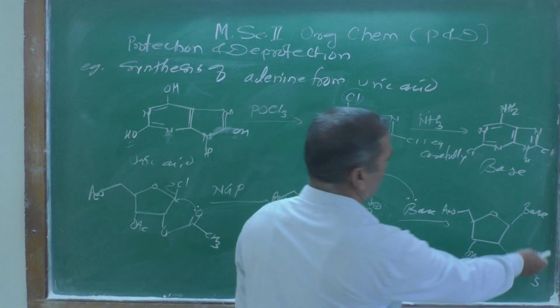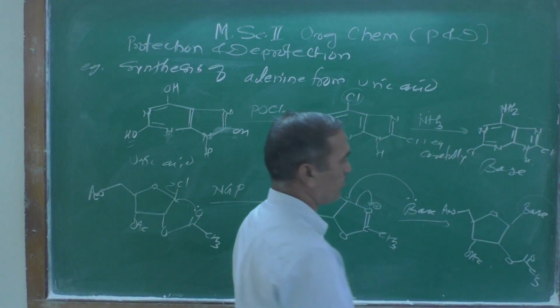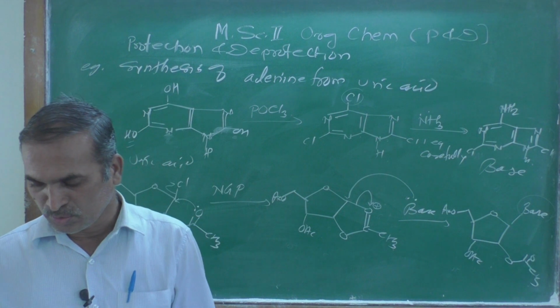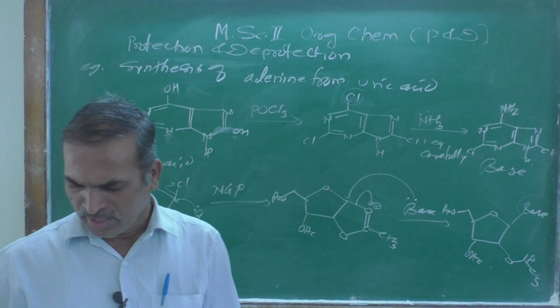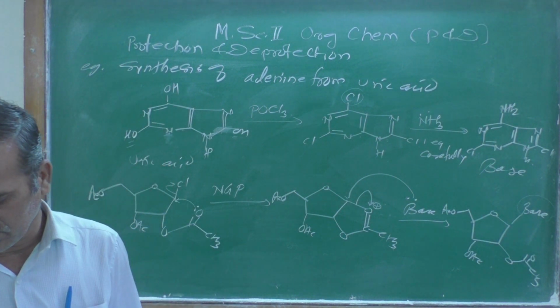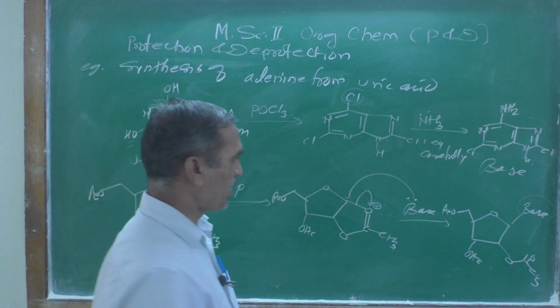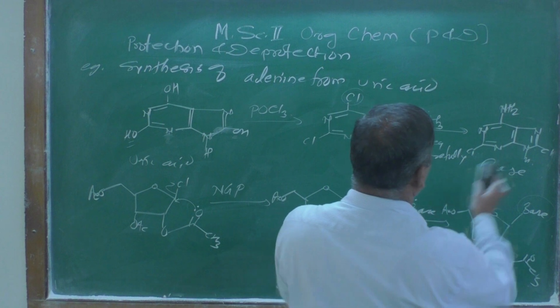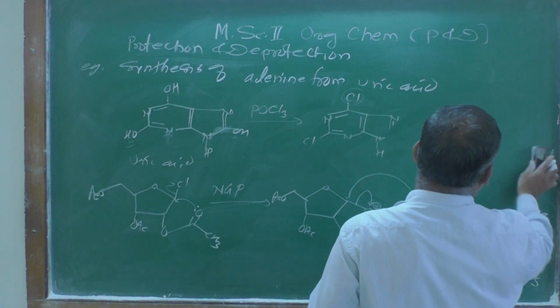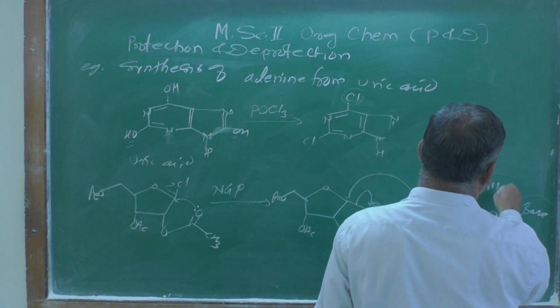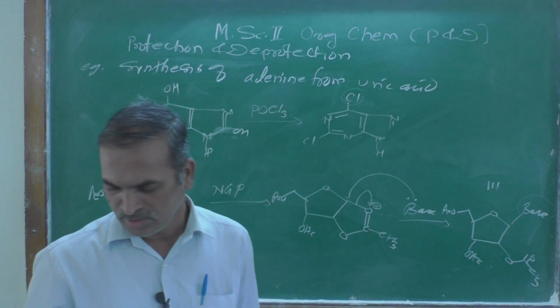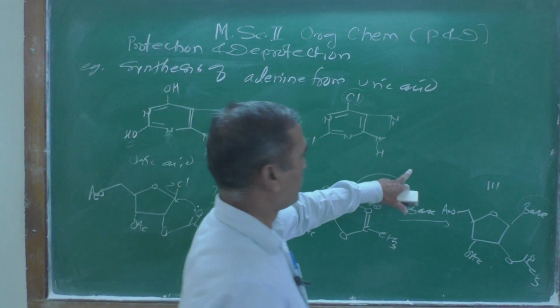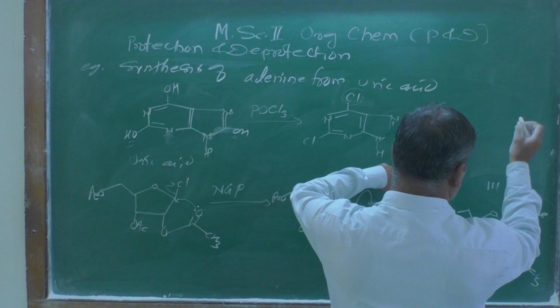In this way we can introduce the base in the sugar unit, and we can draw this structure here. This structure is nothing but the structure of this. Just now we have seen this base.